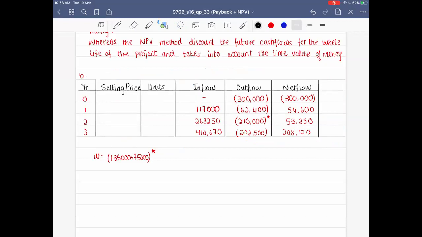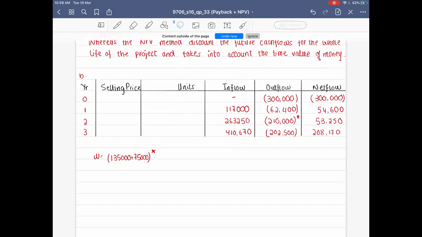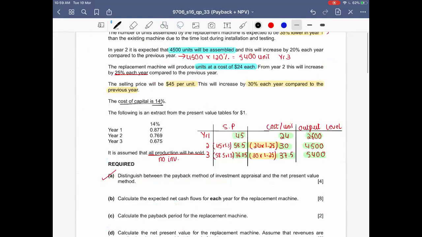Cost price as well. तो ईयर 0 के अंदर there is no selling price, there is no units, and then year 1 के अंदर we have how many units?